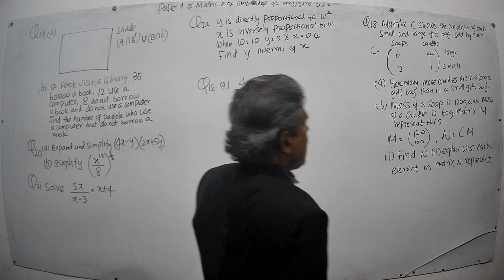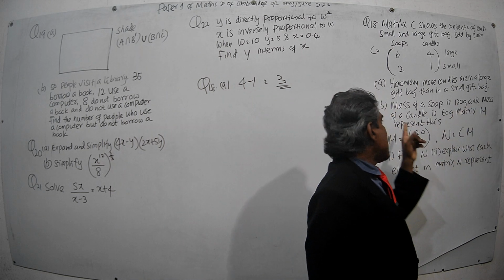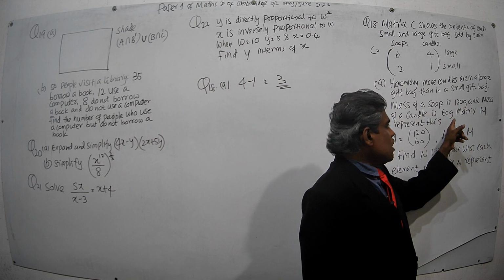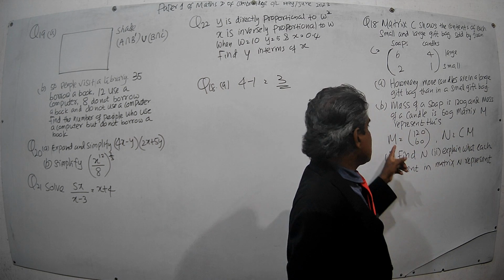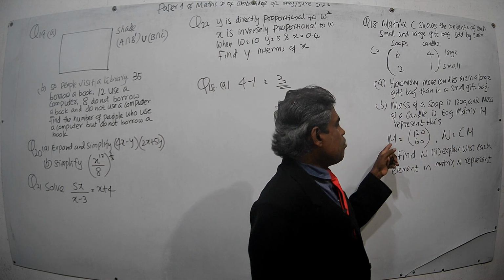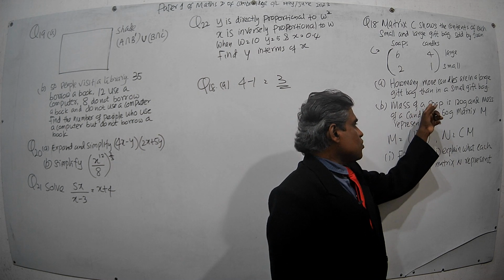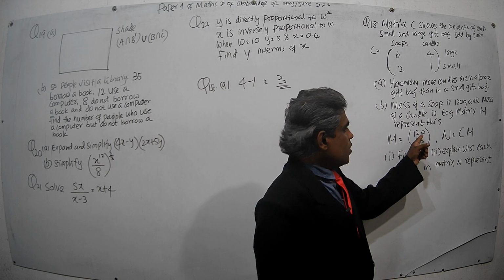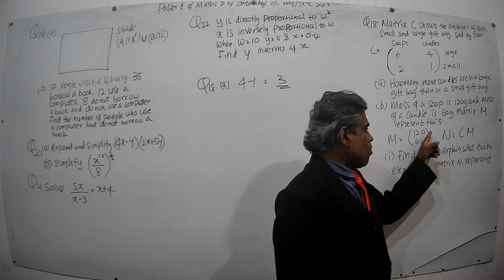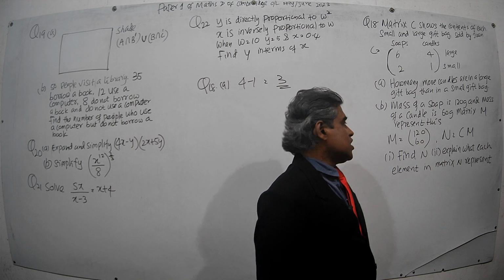Then they say the mass of a soap is 120 grams and the mass of a candle is 60 grams. Matrix M represents the masses of a piece of soap and a candle. This is the mass of a piece of soap, and this is the mass of a candle, that is 60 grams.